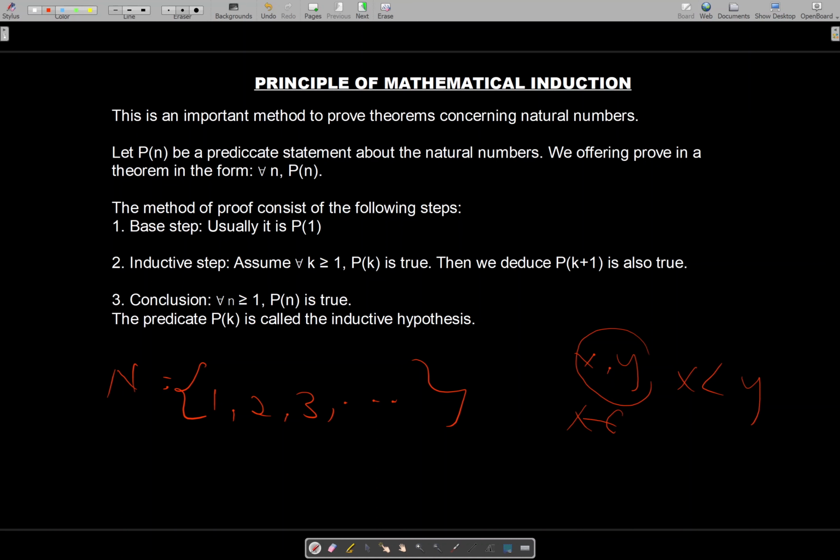Let's assume that x is 5 and y is 7. Then x, 5, is less than 7, which is a true proposition. This time around it is no more a predicate, but rather a proposition.